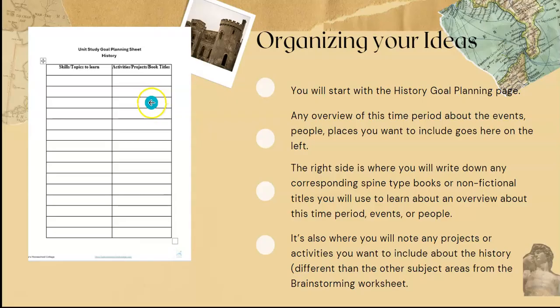Now, the reading can be fiction or nonfiction, and it might give an overview of what life was like, about a certain person, a certain event, just maybe an overview of the time period. And then again, any kind of projects that the kids might find interesting. And we would brainstorm some ideas together of what they like to do.